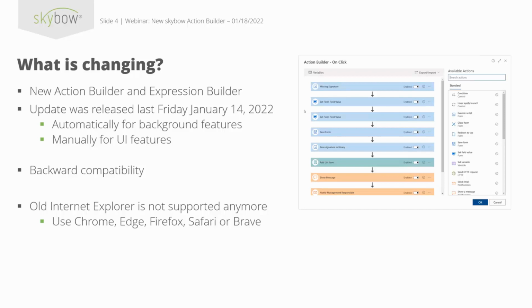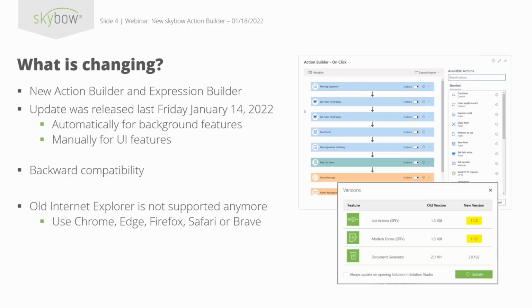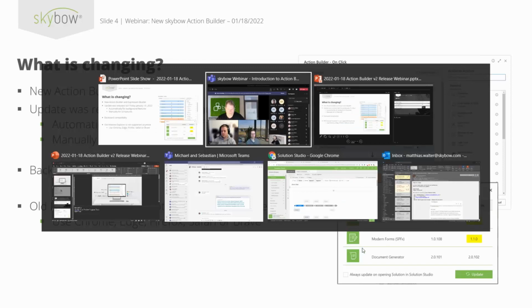So that's the dialog for the new version. It's actually only the list actions and the modern forms which you need to update manually. And for the rest, it's automatically there if you open up Solution Studio. I will show you directly now.